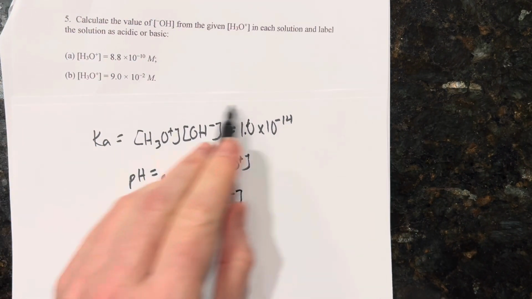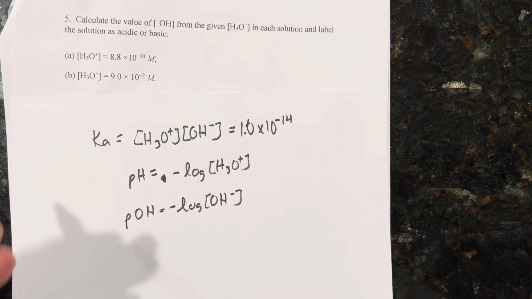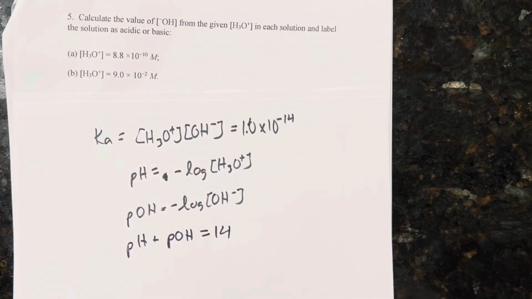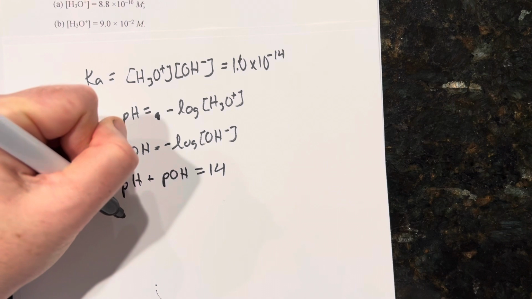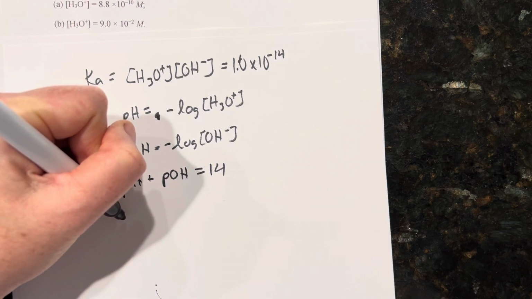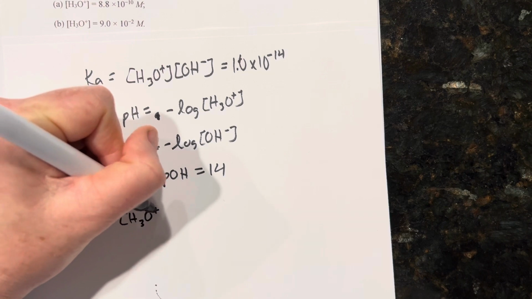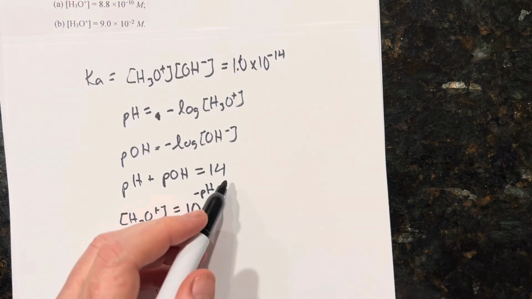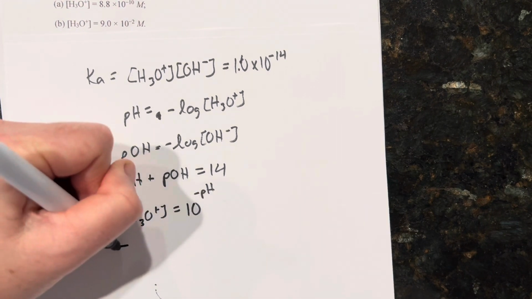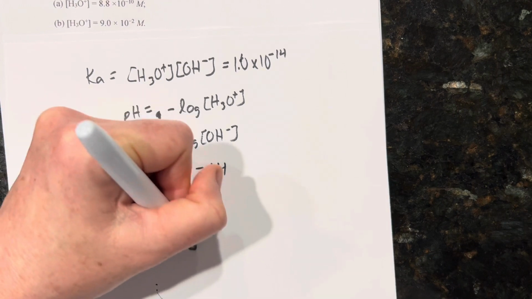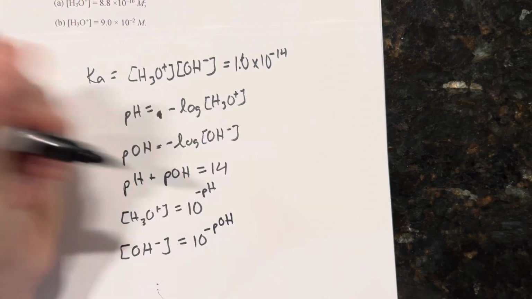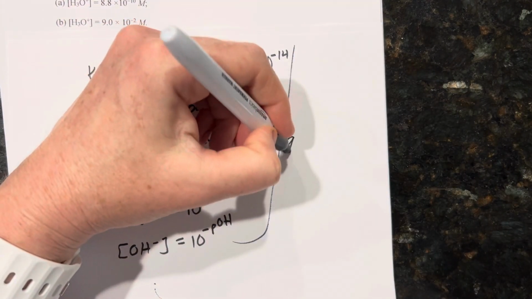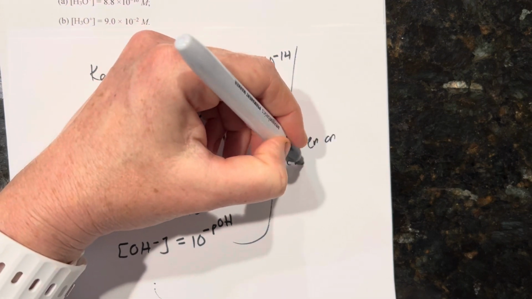We also said that pH plus pOH equals 14. And if you have the pH and you want to find the H3O plus concentration, you just take the inverse log, which is the same thing as 10 to the negative pH. So you take 10 and raise it to the power of the negative pH, whatever that is. The OH minus is exactly the same thing, equals 10 to the negative pOH. So those are our equations. You do not have to memorize. These are given on your exam.